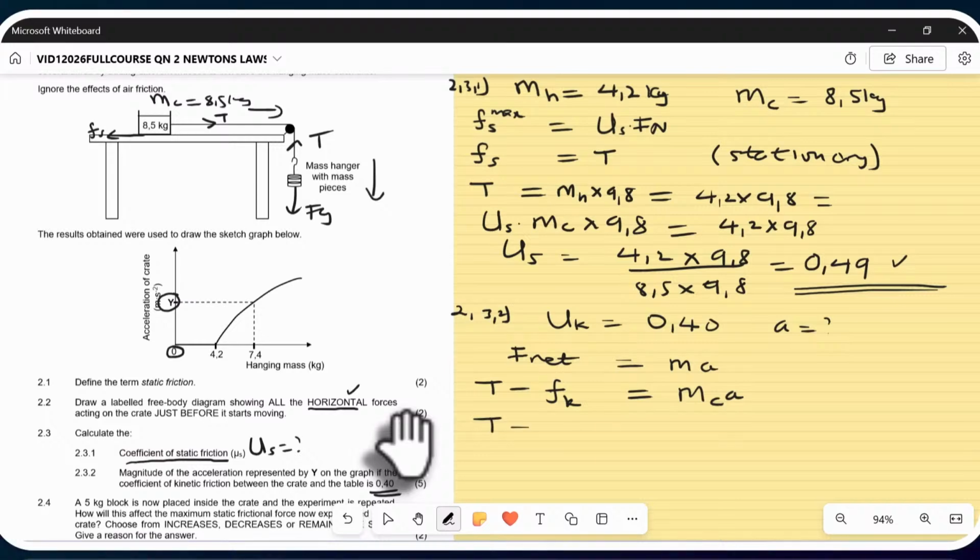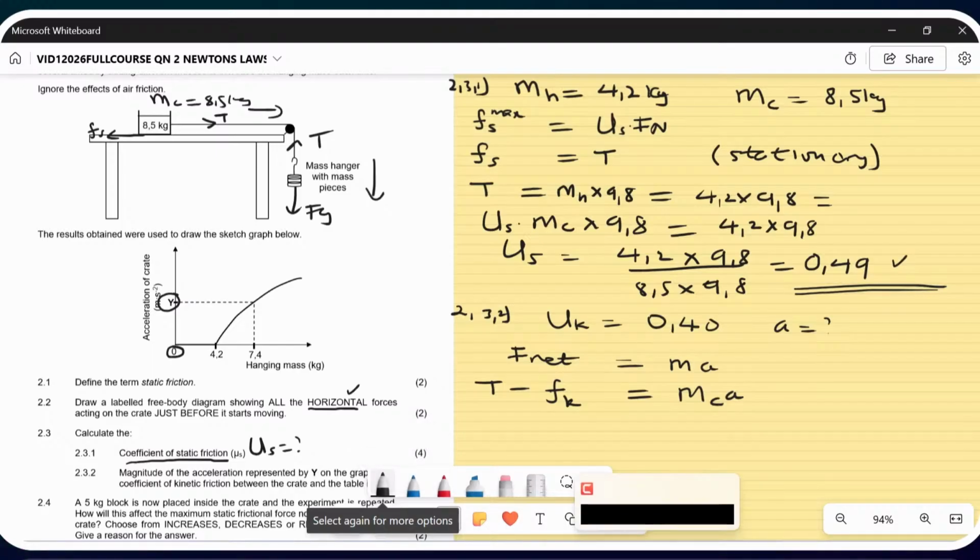It is Fg minus what? Minus... what do I do here? Just a minute. All right. Don't forget we said that F net equals ma, and we're talking about the crate for now.